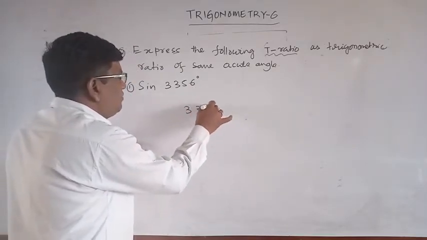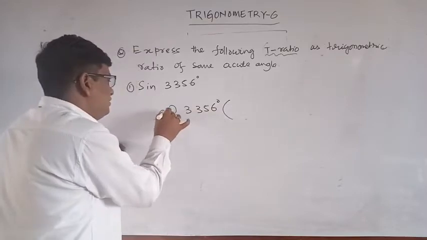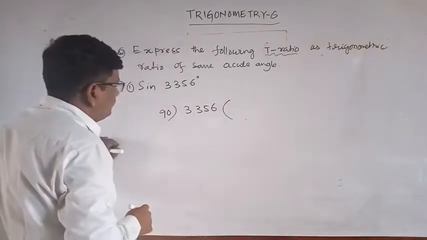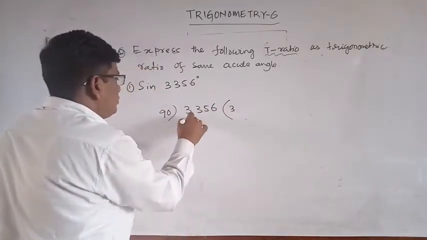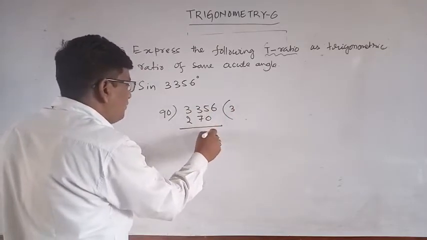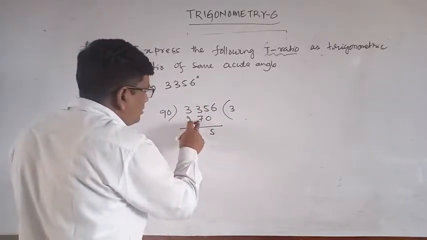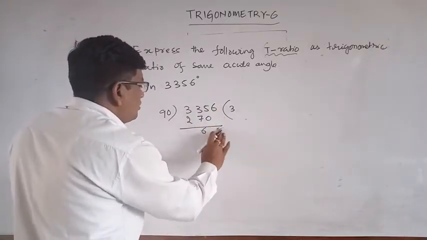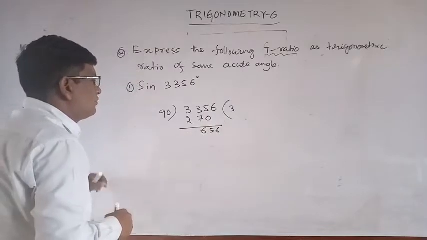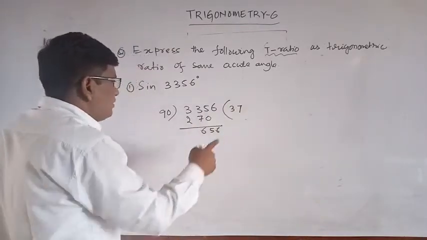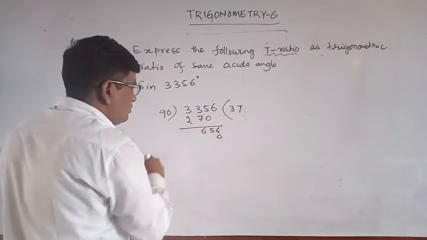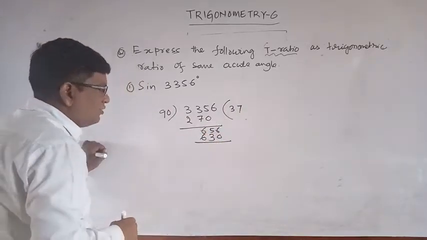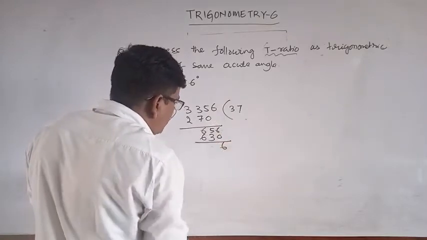So 3356 degree divided by 90. 9 threes are 27, then 5, 13 and minus 7 is 6, 65 and this is 6. Again 7 zeros are 0 and 63. The remainder is 6 and the quotient is 37.